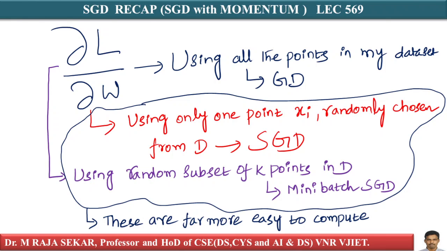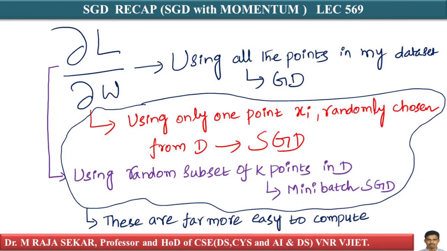We take k to be a reasonable size, maybe 100 points, something like that, so that computing the gradient on a subset of points is a little bit easier.